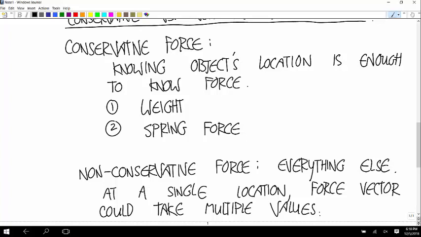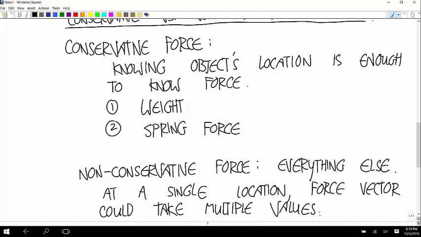So now let's think of friction and compare to the idea of a conservative force. So let's say this is the location, okay? And I'm going to get to that location two different ways. The first one, I'm going to slide it like this. Well, if I'm sliding it that way, the friction force vector is this way. And so when it gets to this location, there's a friction force in this direction.